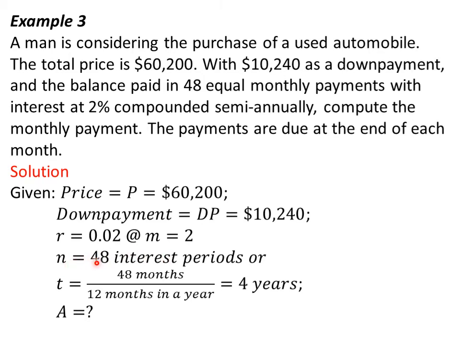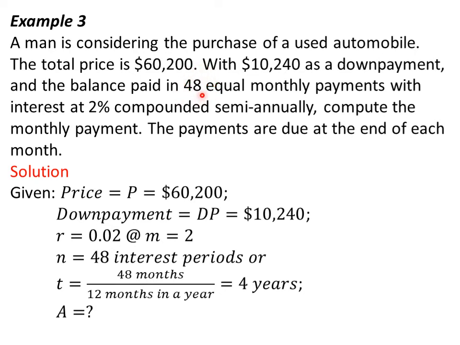Why did I directly put N here? Because in the problem, it is stated that the balance is paid in 48 equal monthly payments. So the problem specifically states that the remaining balance of the automobile will be paid throughout the 48 months.